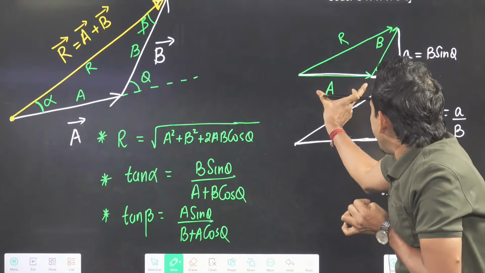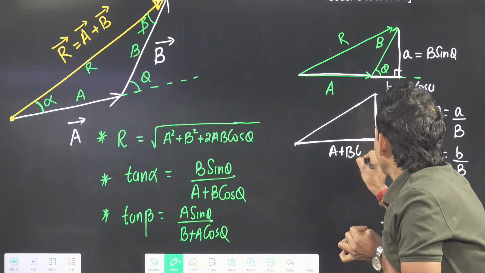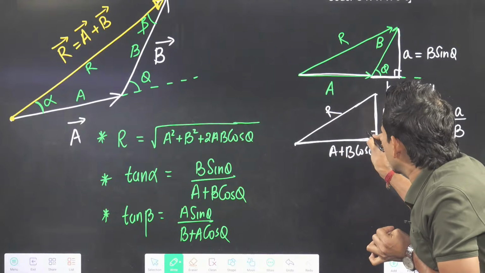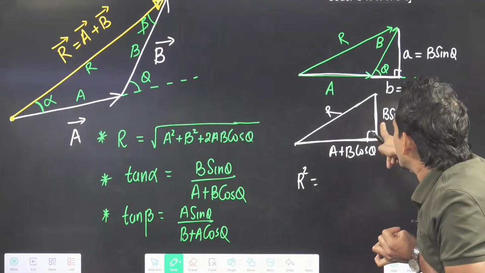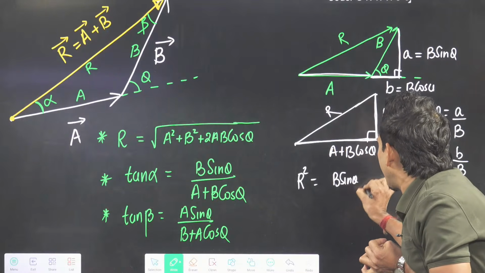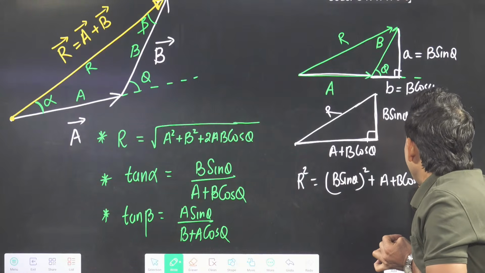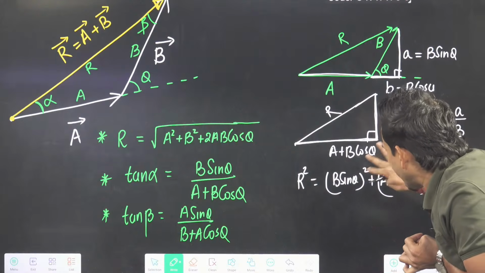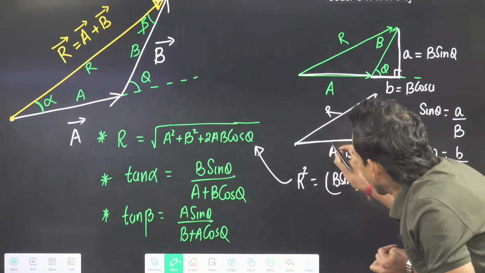This side length will become A plus this length, that is A plus B cos theta. And this is our R. Now if anyone asks you to find R, you can use the Pythagoras theorem. R square, H square, will be equal to P square plus B square. So B sin theta whole square plus A plus B cos theta whole square. When you break this bracket, A plus B cos theta whole square, and simplify, this result comes.